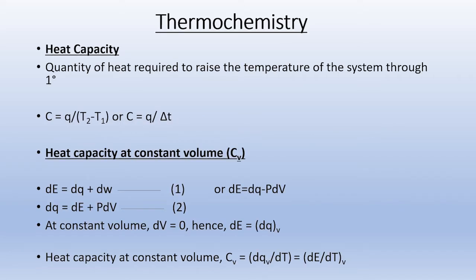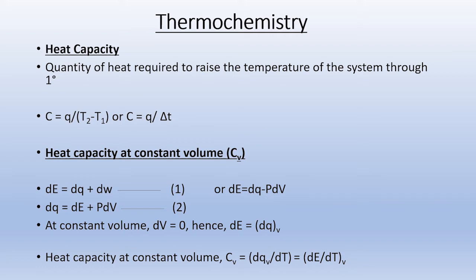The most important term in thermochemistry is heat capacity. We can define heat capacity as the quantity of heat required to raise the temperature of the system or a substance through 1 degree.